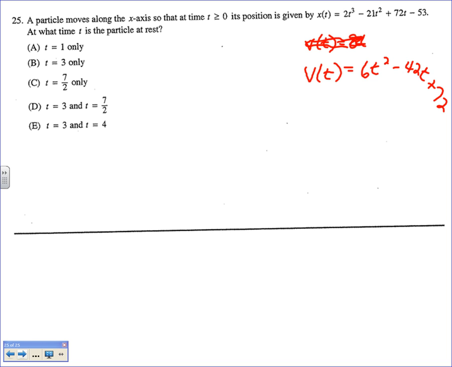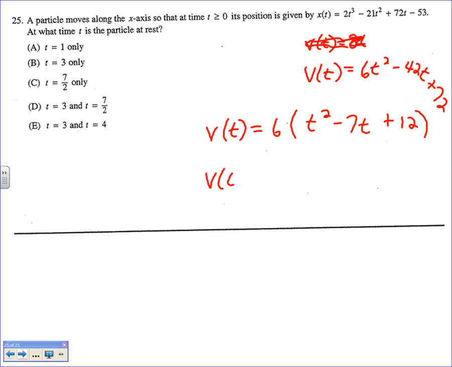If we factor a 6 out of that, and you'll see why I'm factoring in a moment, taking a 6 out front, won't we get 6 times t squared minus 7t plus 12? 6 out of -42 will leave us with a 7, and then 6 out of 72 is 12. Now, if something is at rest, it means its velocity is 0.